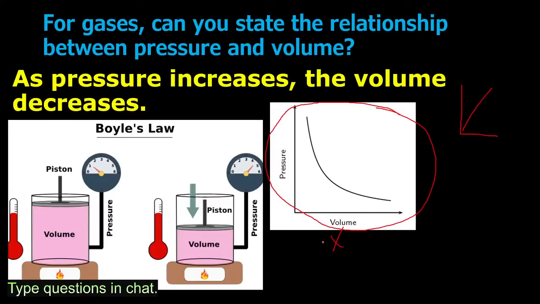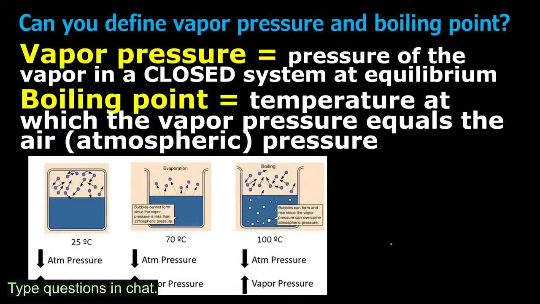Can you define vapor pressure and boiling point? So vapor pressure, think about it. Vapor, gas. Pressure, literally pressure. So it's the pressure of the vapor, of the gas, in a closed system. Remember, we need a closed system in order to have equilibrium. And then boiling point is a temperature, but it's when the vapor pressure equals the air or atmospheric pressure.